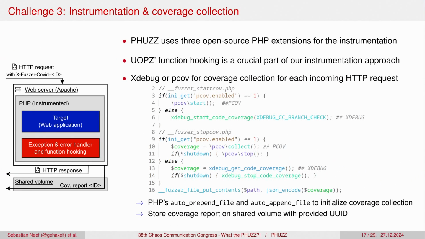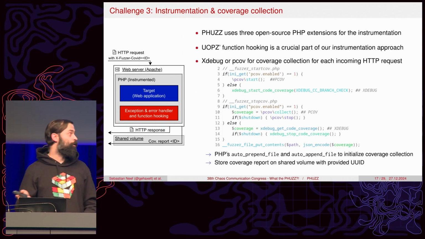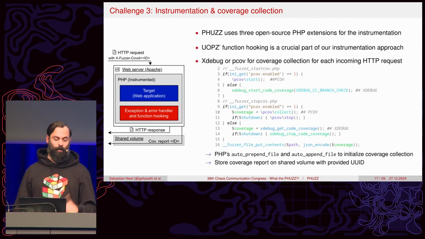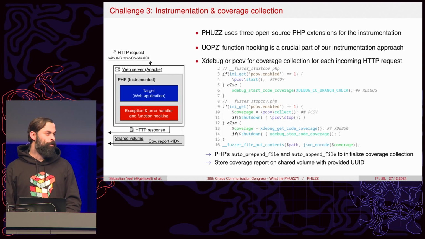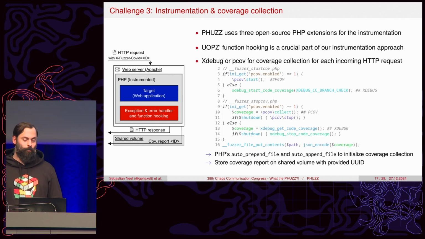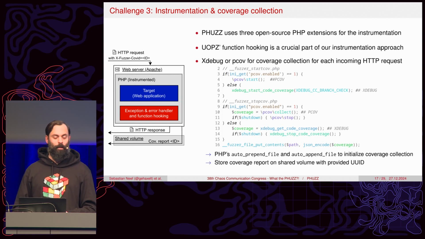So how do we get the coverage so the fuzzer knows how to optimize the different inputs? For that, we use the PHP configurations auto_prepend_file and auto_append_file to initialize and stop the coverage collection. We support both Xdebug and PCOV, so you can decide when deploying the PHP container which of the two instrumentation approaches to use.